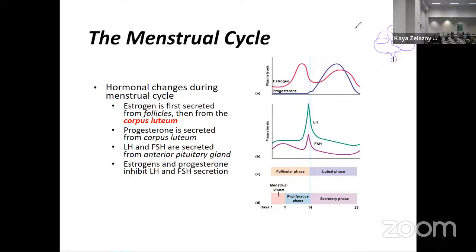We have an anterior and a posterior part, and a portal system between them. So we're thinking about hormones coming from the anterior pituitary. That's where our LH and FSH come from. These are hormones, part of our endocrine system.